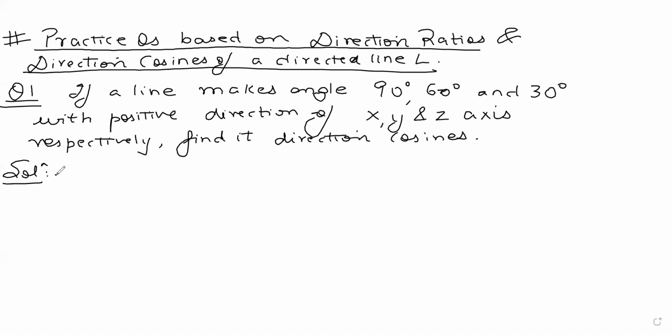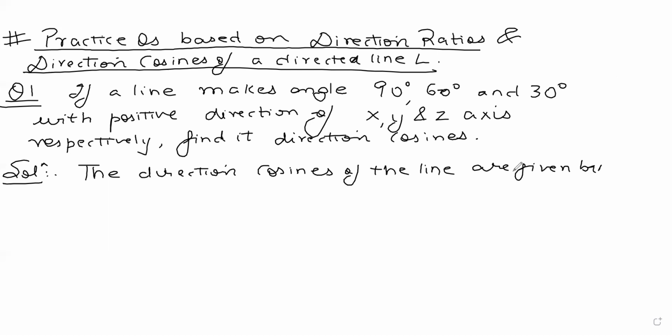So what will the direction cosines be? The direction cosines of the line are given by L equal to cos alpha. Let this be 90, so cos 90. Cos 90 is how much, guys? 0. M is nothing but cos beta.